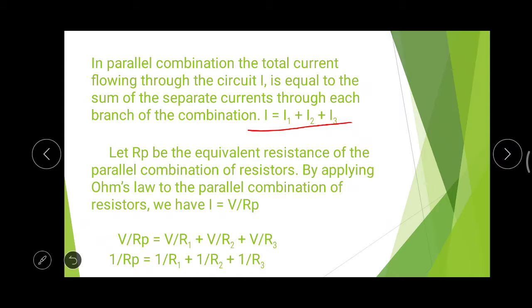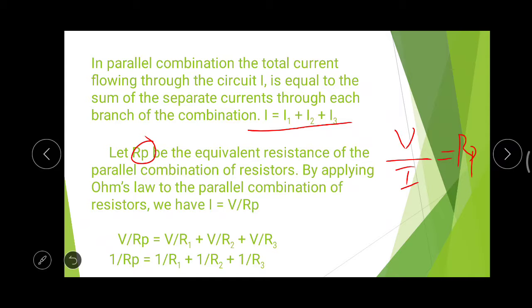If the equivalent resistance is Rp, that is R parallel, and the total potential applied is V and the total current passing through the circuit is I, then V by I will be equal to Rp. So I will be equal to V by Rp.